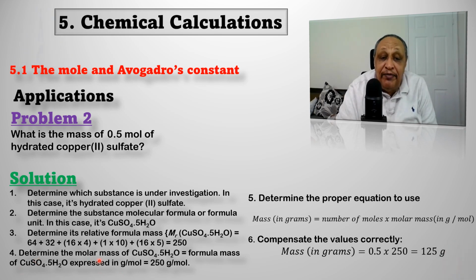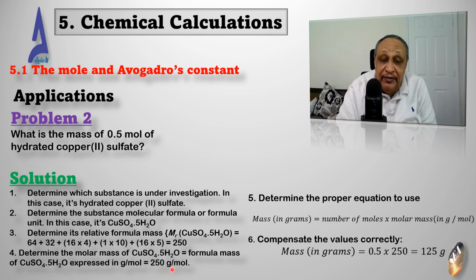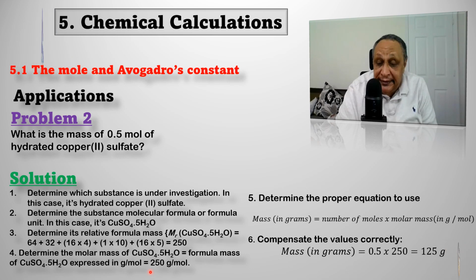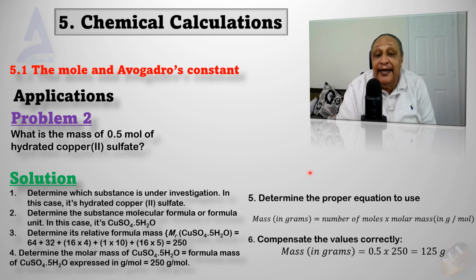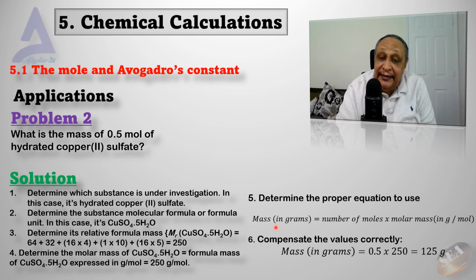Now determine the molar mass of it. When you add this together, they give you 250, and this 250, when you express it in gram per mole, is the molar mass of the hydrated copper(II) sulfate. Then determine the proper equation. In this case, it is mass in gram, because what I want is the mass.